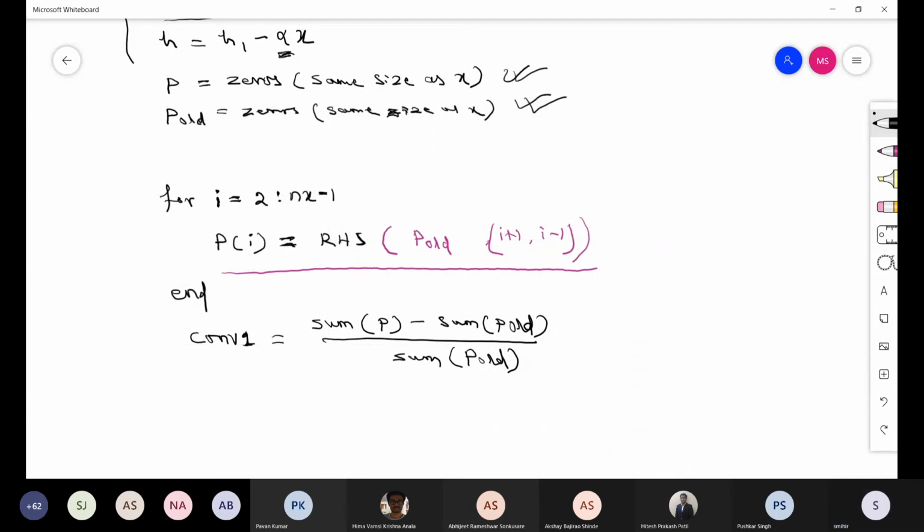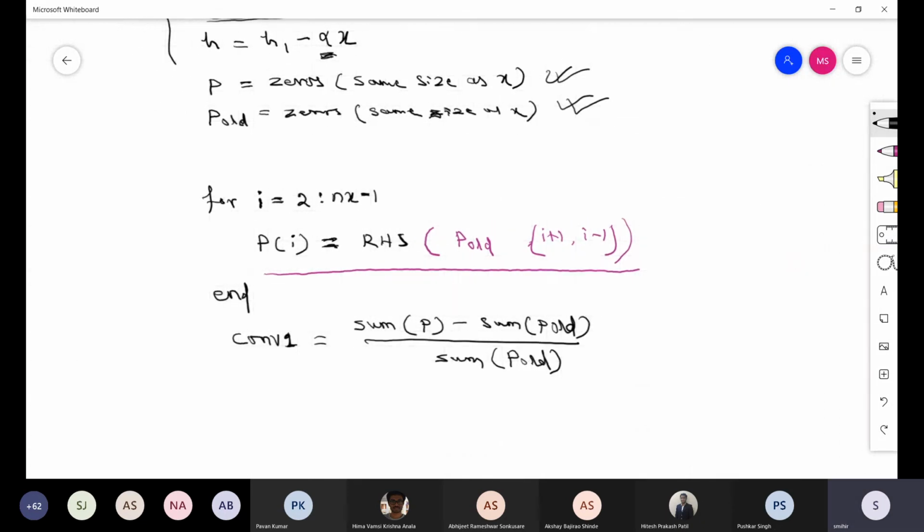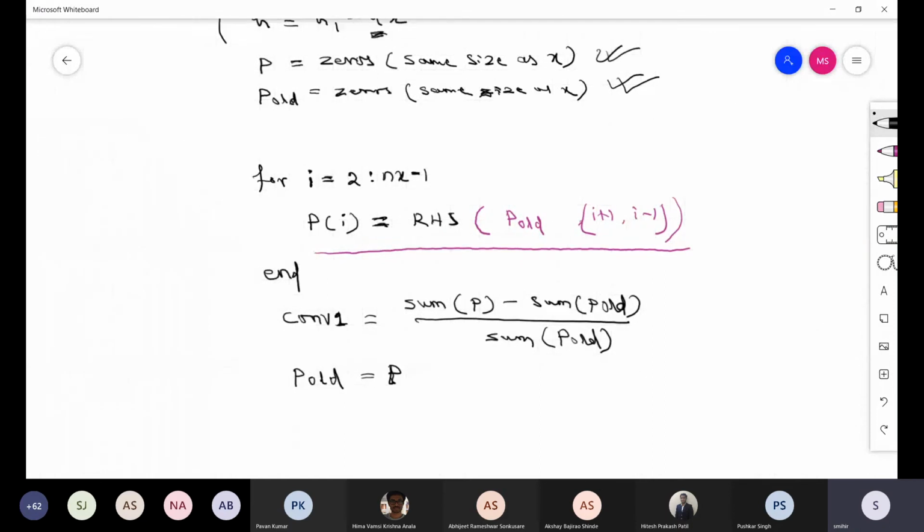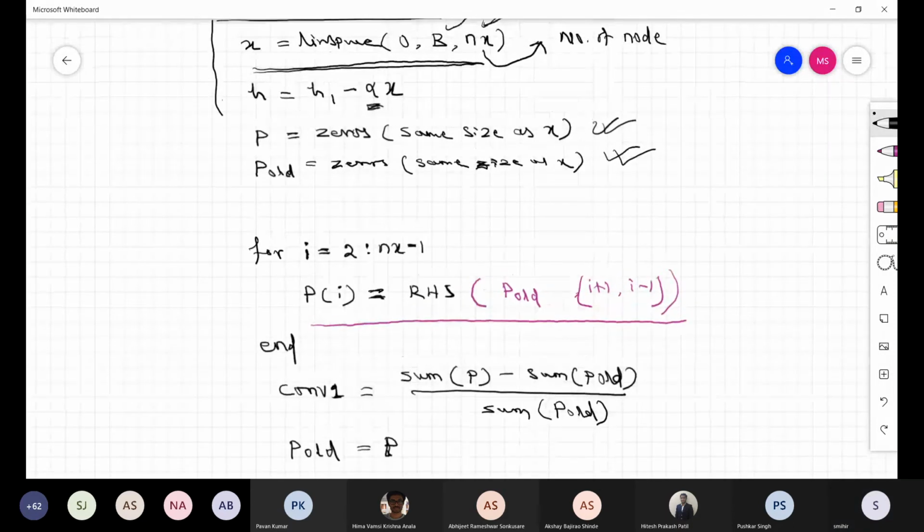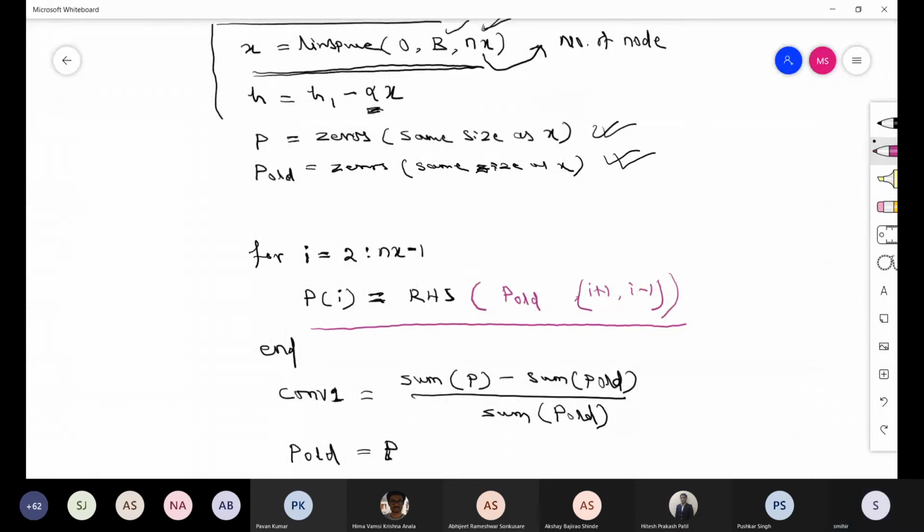Now this is the convergence. If P old and P are the same, this convergence will become 0. If not, then it will come here. Then you assign P old the value of P. Okay. So put everything in a while loop.